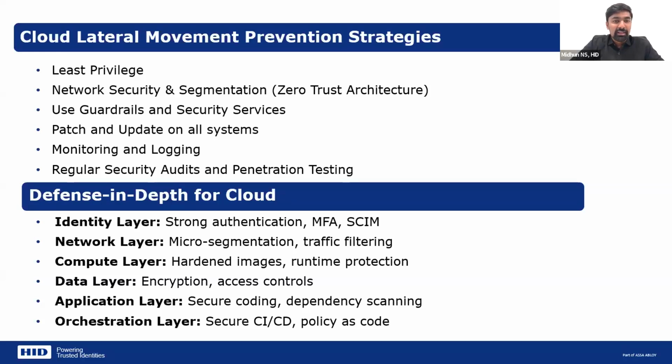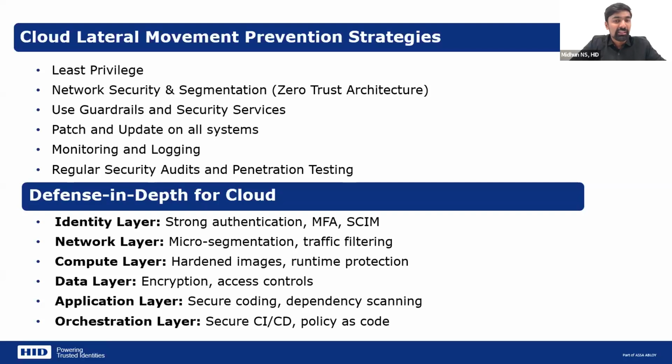We have the identity layer, network layer, compute layer, and data layer. These are the layers, and each layer can be breached. For example, in the identity layer, we have multi-factor authentication, MFA, SCIM, and so on. The network layer has traffic filtering, ingress and egress rules, and security groups.